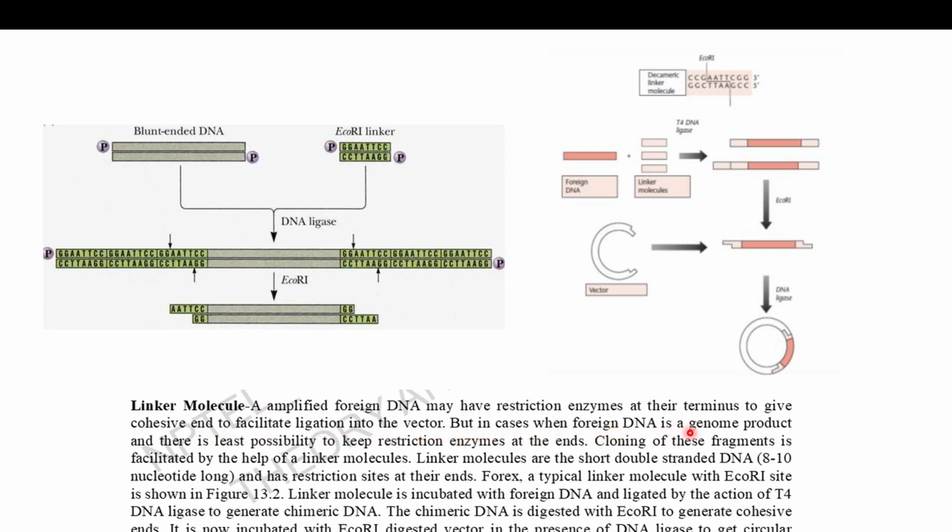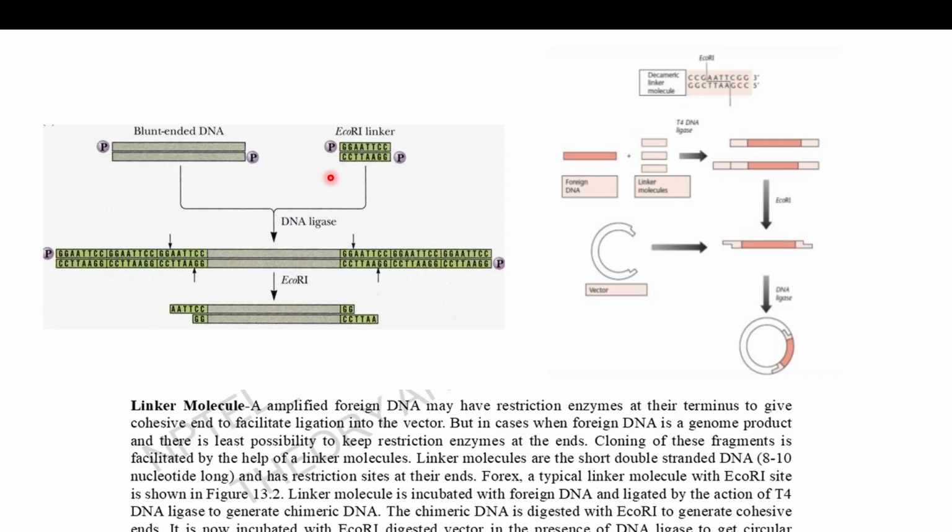But in cases when the foreign DNA is blunt-ended, or when the foreign DNA is a genome product, there is least possibility to keep restriction enzyme sites at the ends. I think in the previous few slides there have been cases where we were talking about how to generate forward primer and reverse primer.